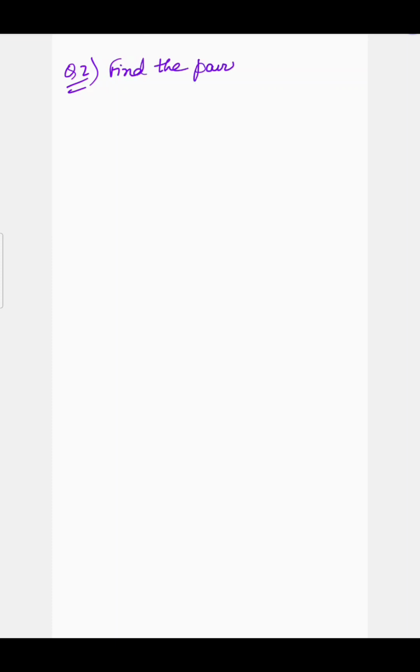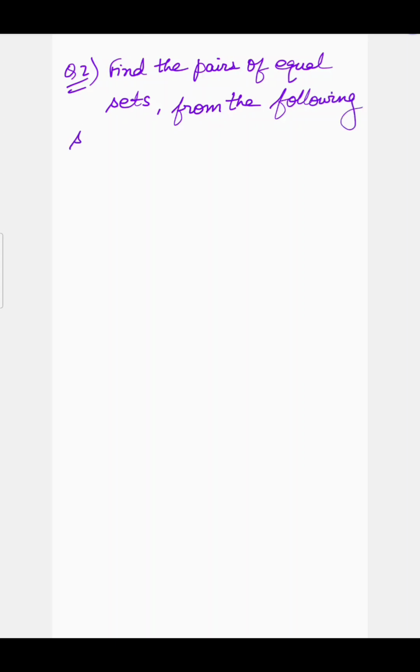Find the pairs of equal sets from the following sets, if any.